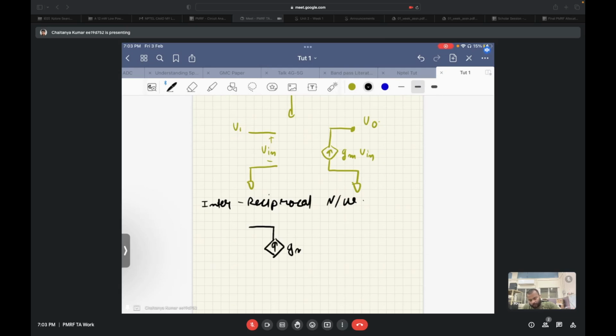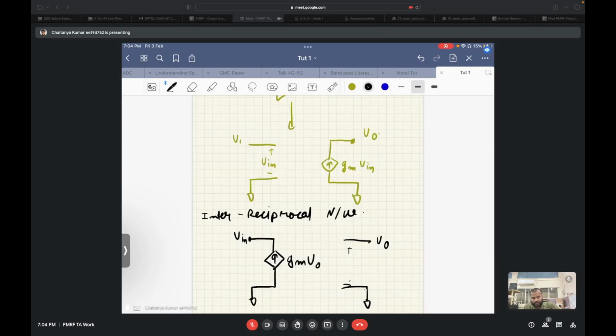So this will become Gm times VO, and we will give the voltage over here as VO. You can see the skeleton of the system is still the same. This is an open circuit. This is also an open circuit, and similar are these things.